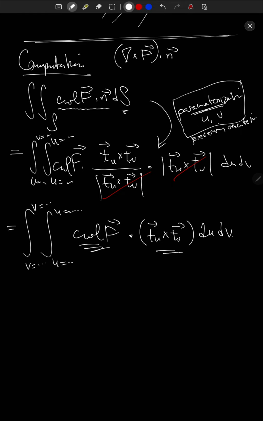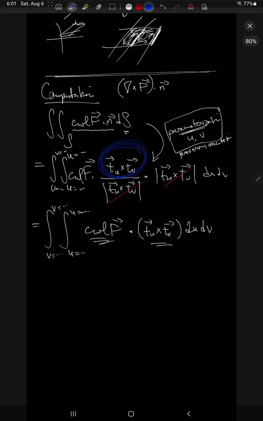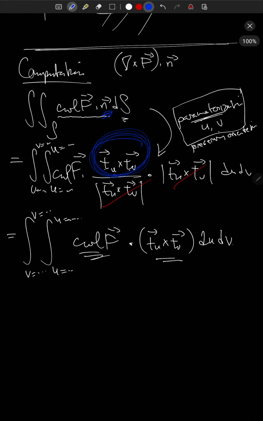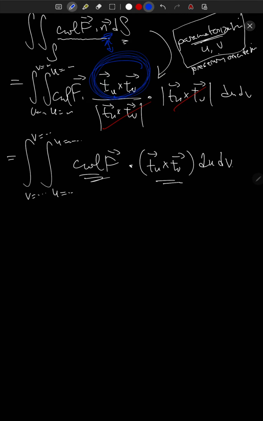So when you do a parameterization, make sure you're aware of what direction your parameterization's normal is. If your problem has given you a normal direction, like the outward normal, the upward normal, the downward normal, or the inward normal, then you have to make sure these two are compatible. Compatibility just means in the same direction, so it's a small thing to check.